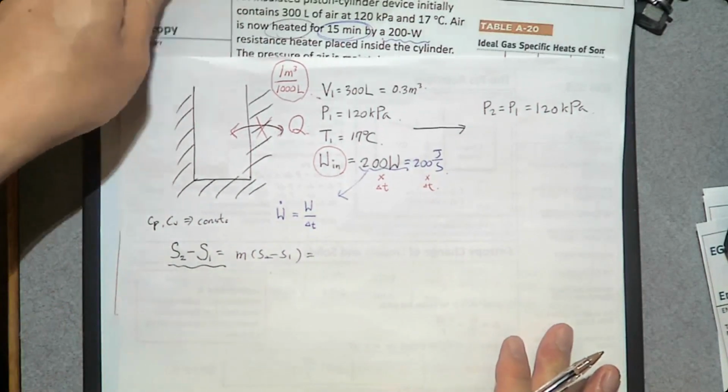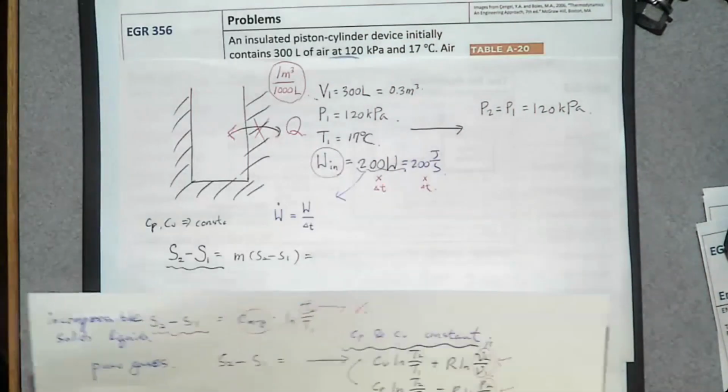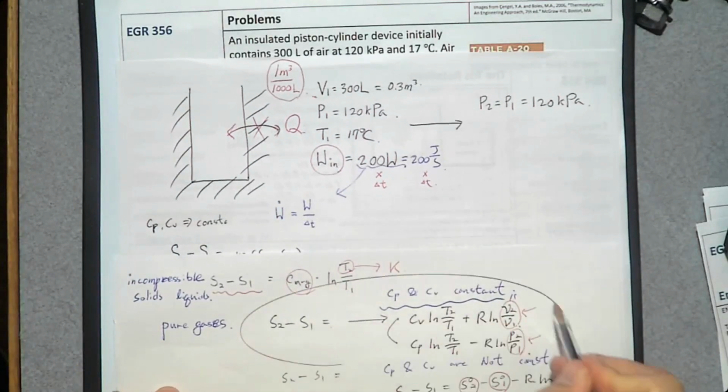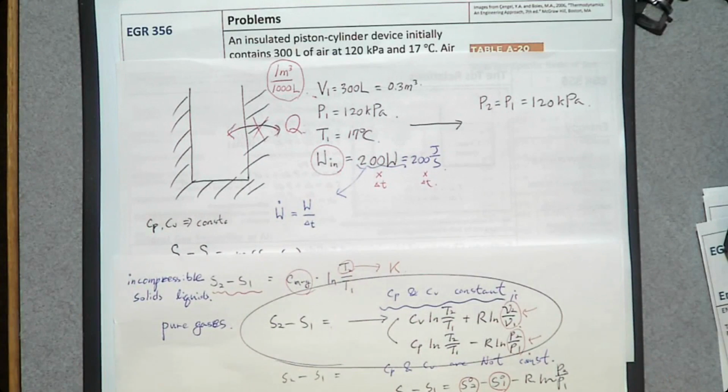And this is air, so we can use this equation, either this one or this one. Since we know the pressure is constant, we can use this second equation rather than the first one because we have no idea about V1 and V2.